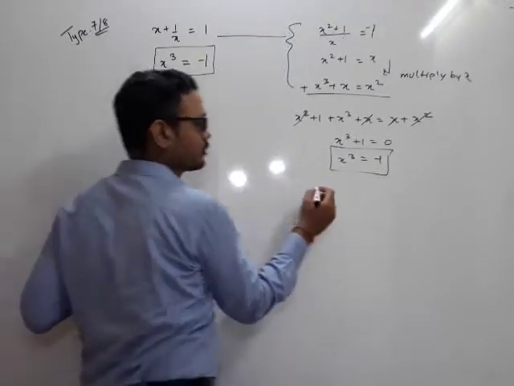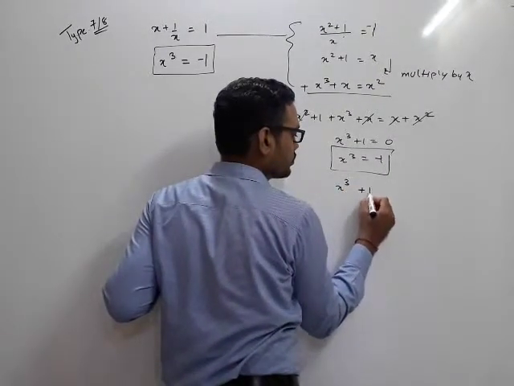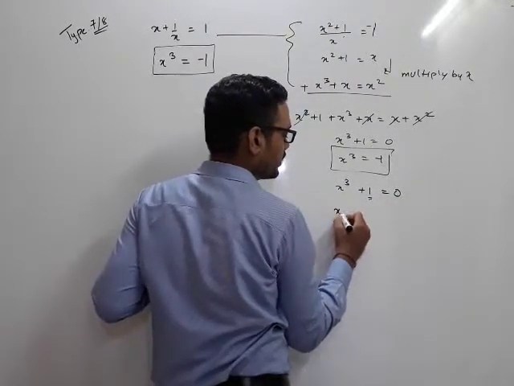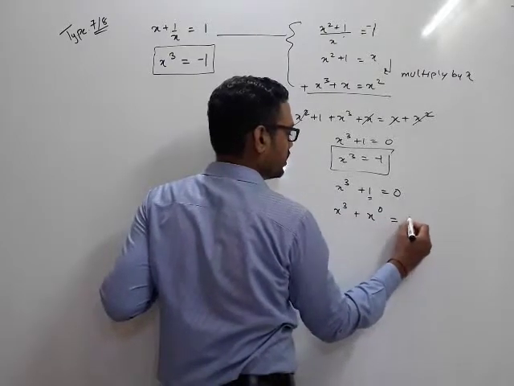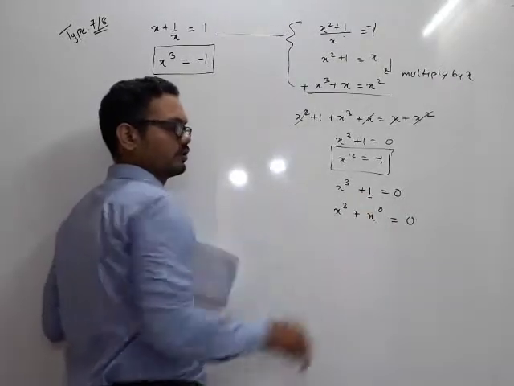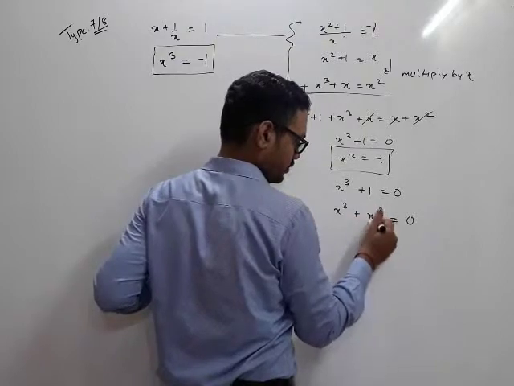Now x cube is equal to minus 1 can be written as x cube plus 1 is 0. What is the value of 1? We can write it as x cube plus x raised to 0 as 0. Anything raised to 0 is 1. So I have written 1 as x raised to 0.